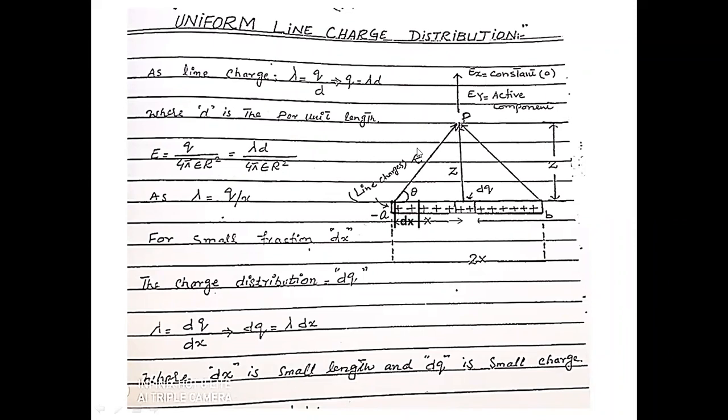If I draw the vectors on this side, you can see that these two will be cancelled out, similarly this one, then this one. The X component at any point of the source charge is cancelled out by its counterpart on the other side of the center. So at the end we have the overall electric intensity in the upward direction.